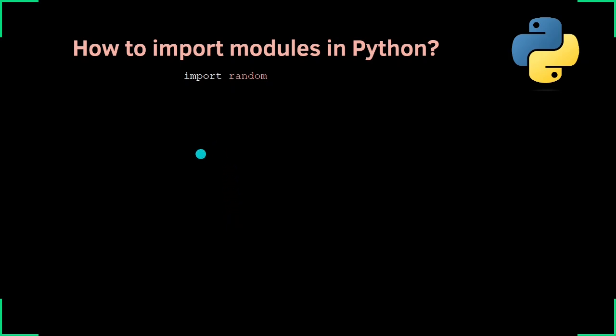It only adds this module named random there in your namespace, and using the module's name you can access the functions using dot notation. So dot notation is very important. We will see some examples later.